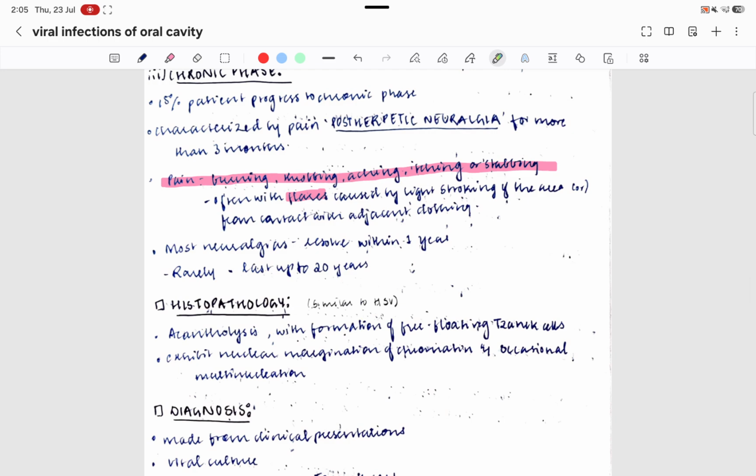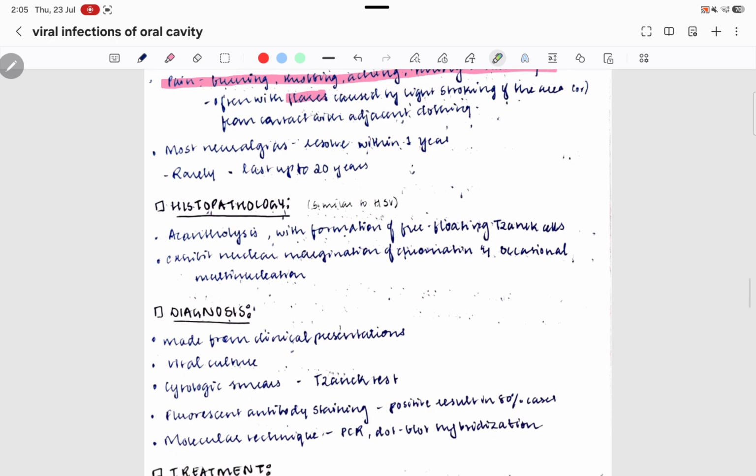That is when herpes zoster continues for more than 3 months. The symptoms are burning sensation, throbbing, aching, itching and stabbing sensation.